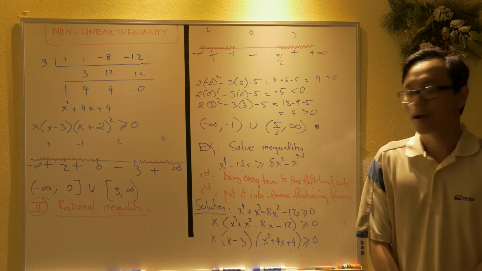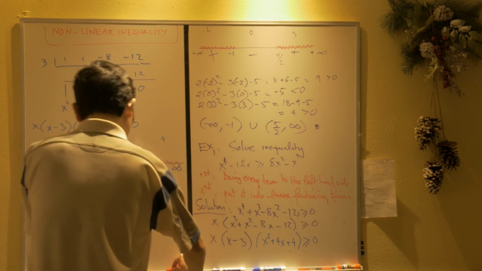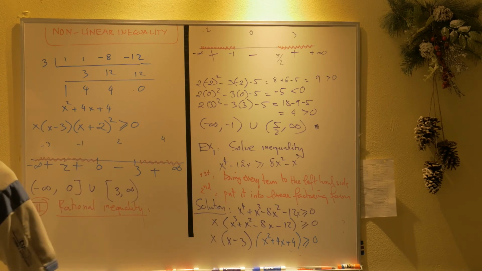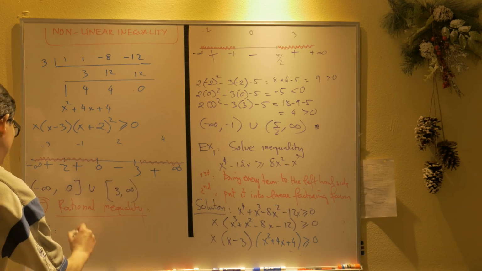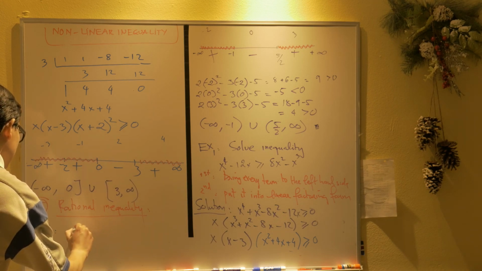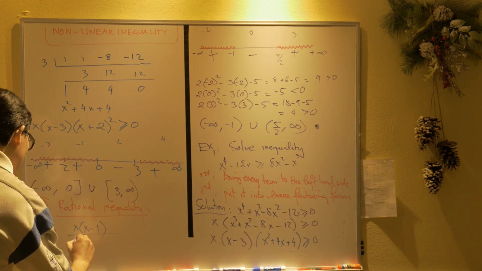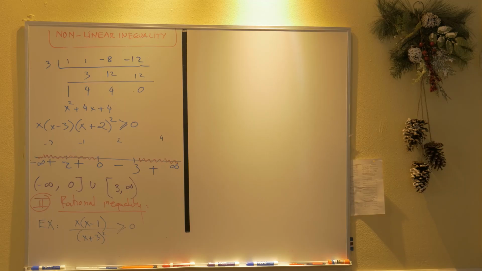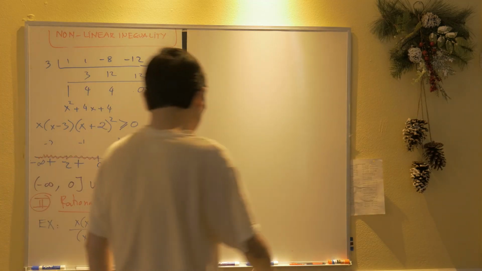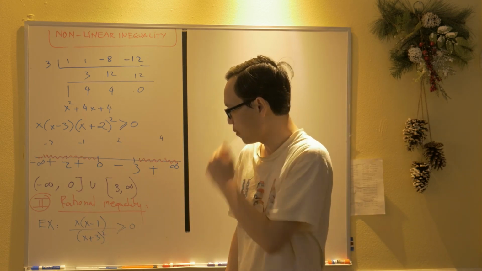I can give you a typical example of what a rational inequality looks like. For example, x minus 1 over x plus 3 squared greater than 0.